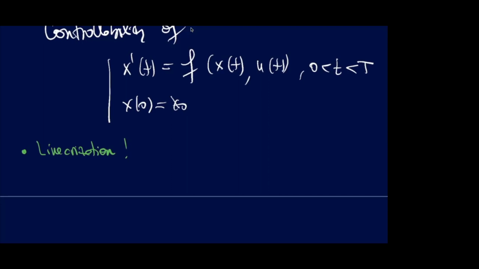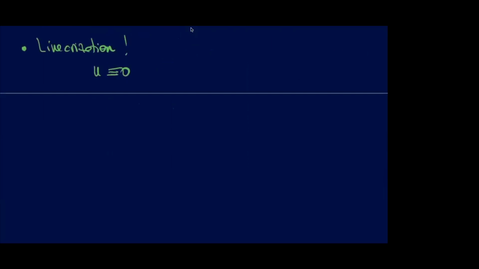So what does linearization mean? Linearization means I take the control u equals 0, and with the control u equals 0, I compute one trajectory. This is just the free trajectory, the trajectory in the absence of control.